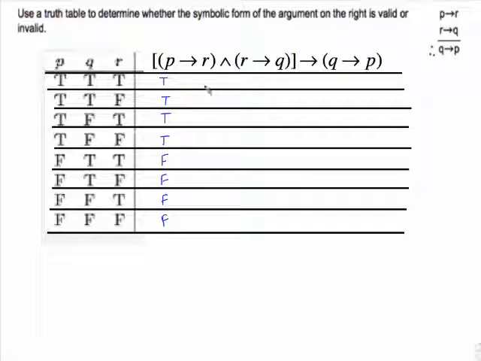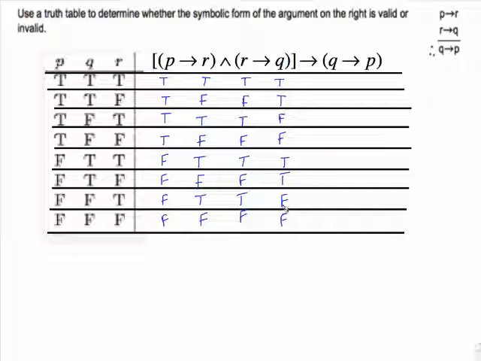My R is this column, which is T, F, T, F, T, F, T, F. Q, my middle column, T, T, F, F, T, T, F, F. Do you, at this point, need to have this written down in front of you, or do you have it memorized how the T's and F's go for your P, Q, and R? Your choice. If you need to write it, write it. If not, then do it out of your head.